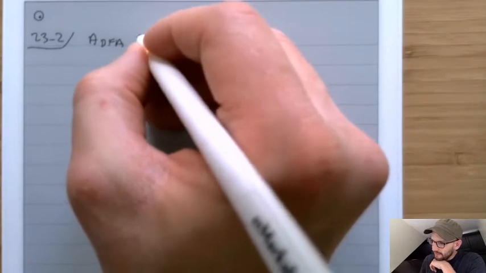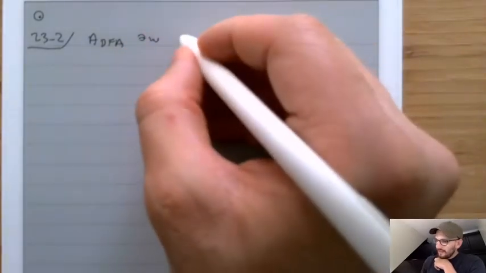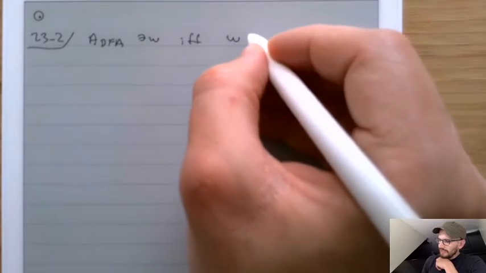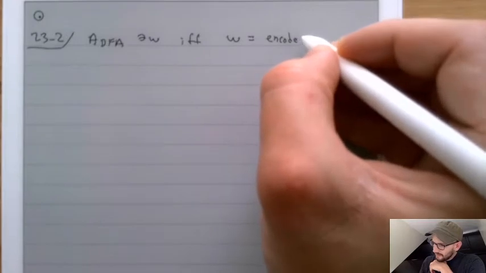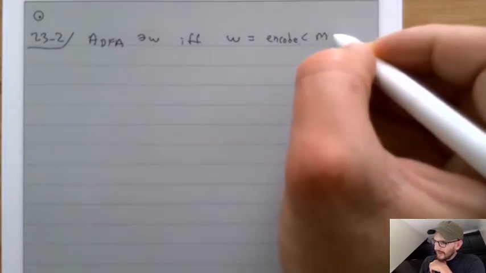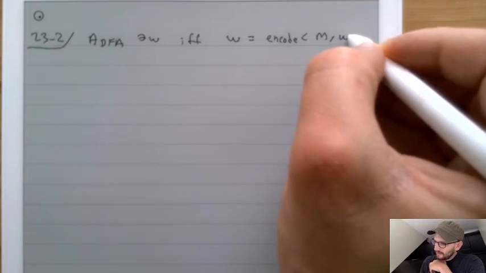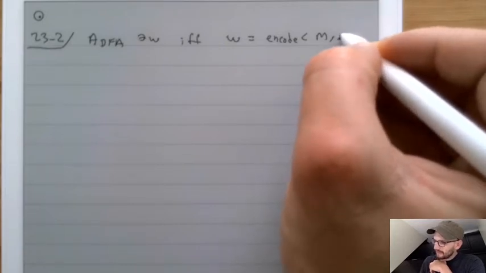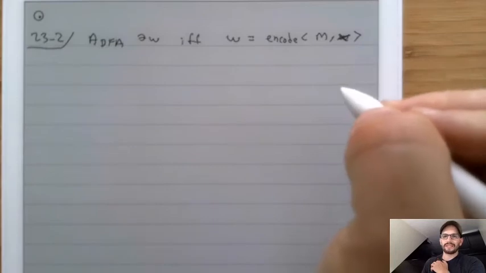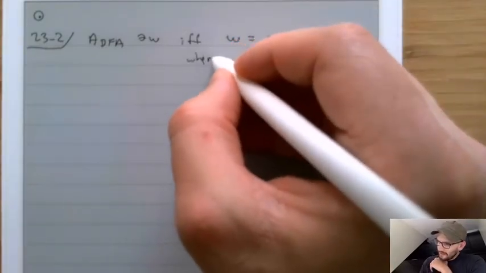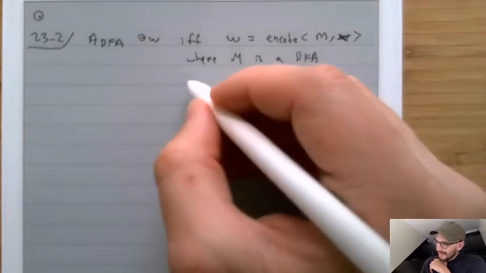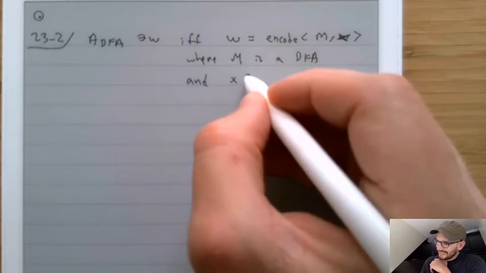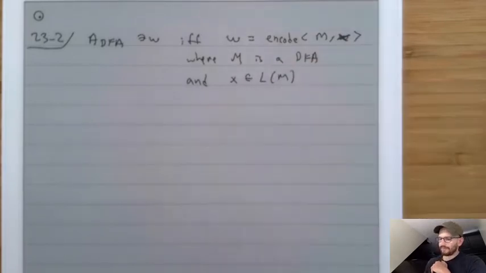We're going to say that W is inside of A DFA if and only if W equals, and now we're going to do some magic, the encoding of the pair M, X. Okay, and I'll describe what this is, where M is a DFA and X is inside of the language of that DFA. All right, now what does this mean, the encoding of this pair?